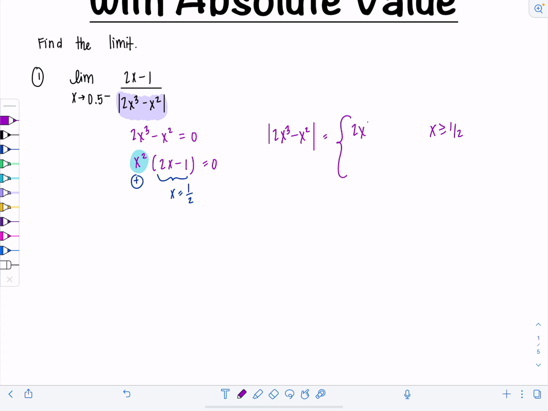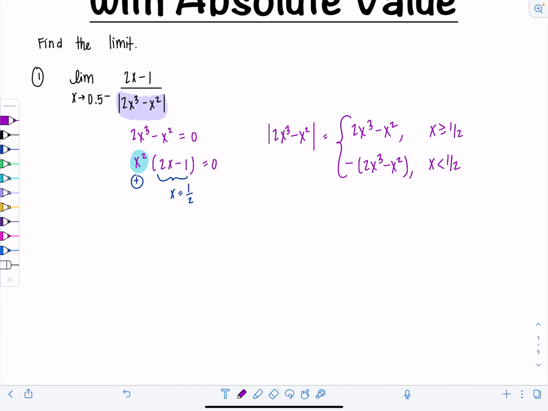I just have 2x cubed minus x squared. And then for x values that are less than 1/2, the expression inside the absolute value is negative, so taking the absolute value makes it positive. So I have negative (2x cubed minus x squared).